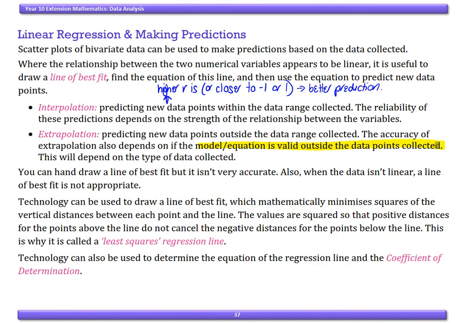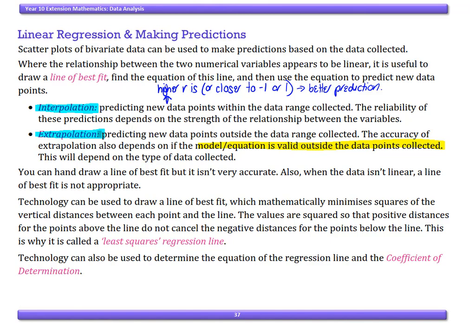So our prediction is not going to be as accurate. Okay. Another one is if we were looking at the population of kangaroos, that might keep increasing up to a point where there isn't enough food available anymore, and then it starts to plateau. Okay, so be careful when you're predicting on whether it's an interpolation or an extrapolation.